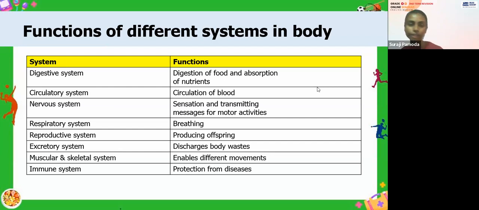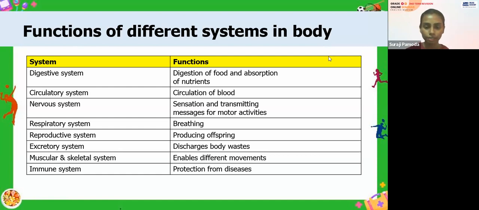Okay? And then here we have the respiratory system for breathing and the reproductive system to produce offspring, that means children. And then the excretory system. You know, there are many processes going on in our body, right? In these processes, many waste materials are produced. So these waste materials should be discharged from our body, and that is done by the excretory system, Bahishravi Paddhatiya. Okay?